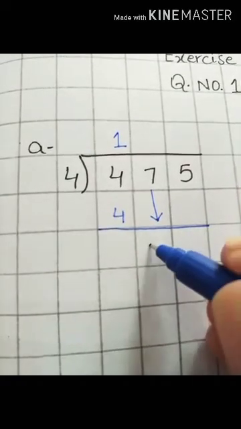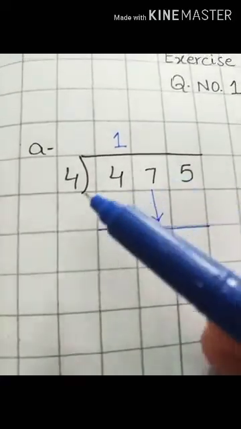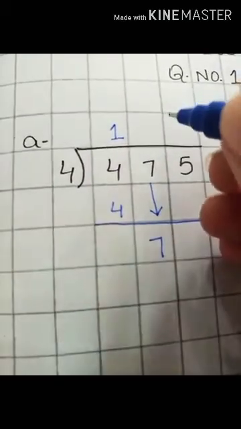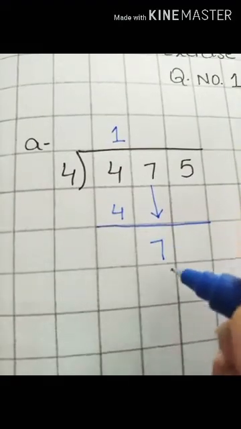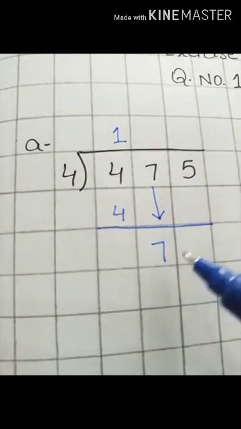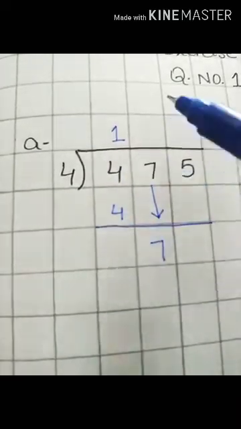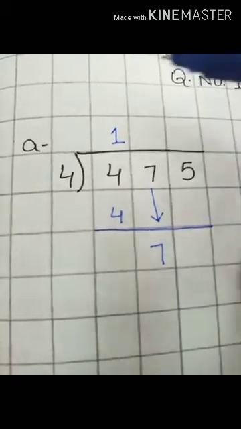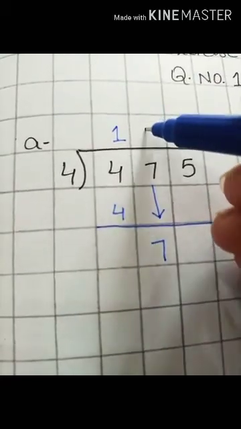So students, this 7 is bigger than my divisor. So read the table of 4 till the number 7 or the number that is smaller than this 7. 4 ones are 4, 4 twos are 8. So students, 8 is bigger, so I am writing again 4 ones are 4.